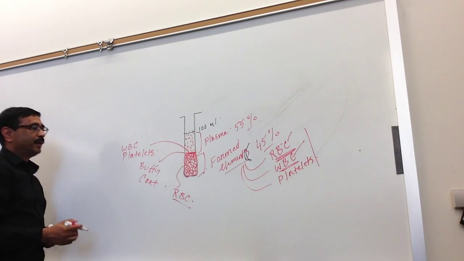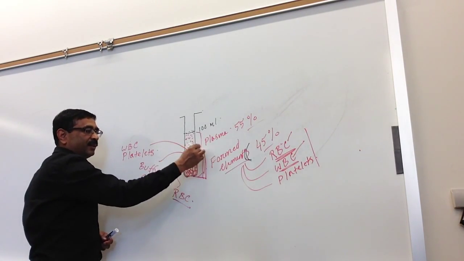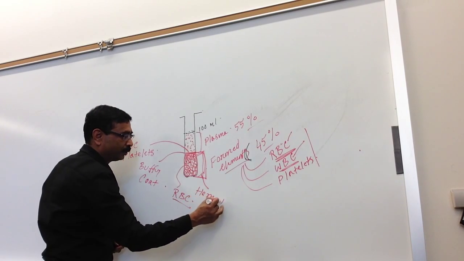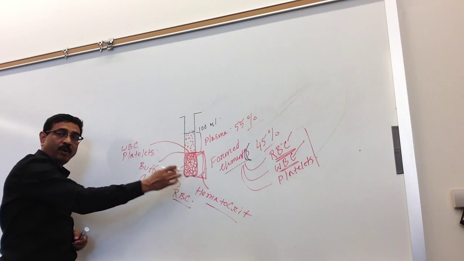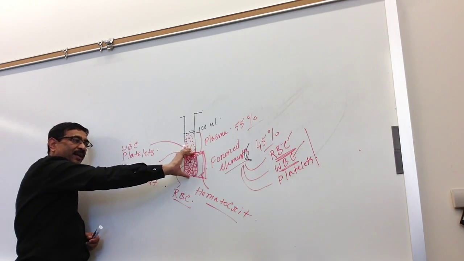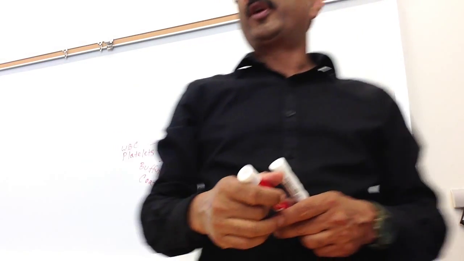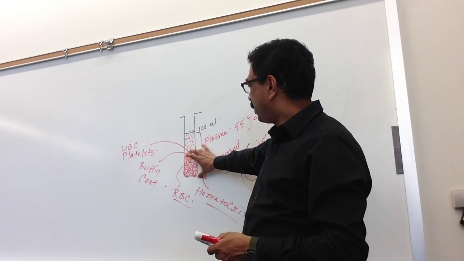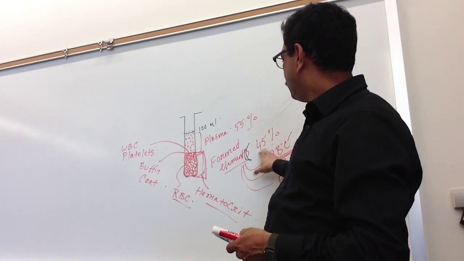Okay? And this volume of formed elements is called hematocrit. So hematocrit is the percent volume of formed elements in the whole blood. Normally 45%. Okay.